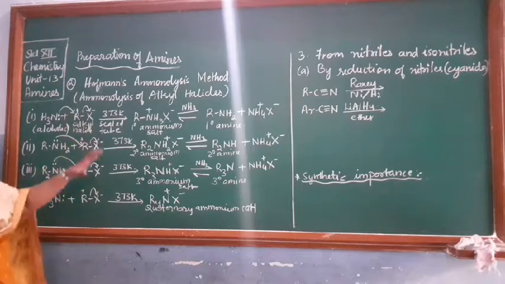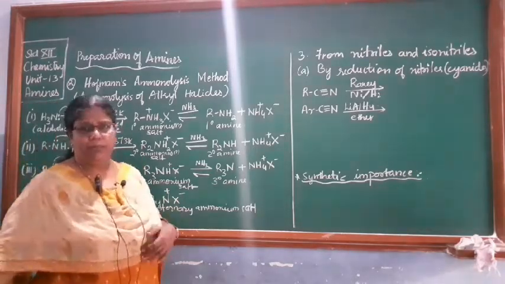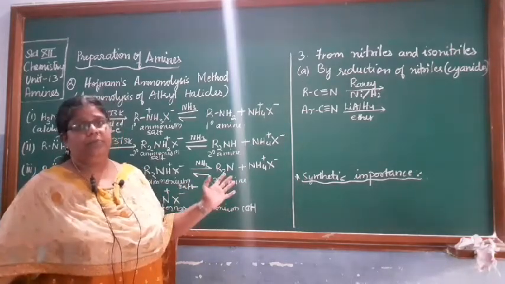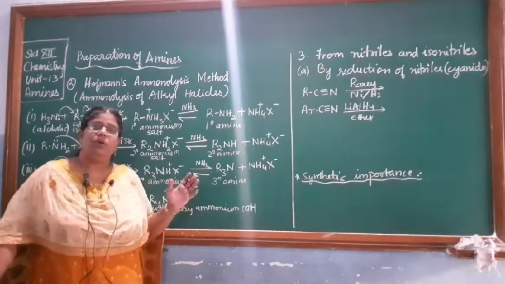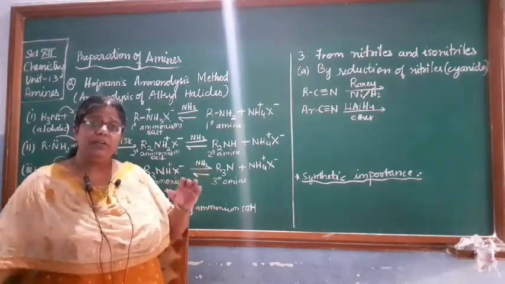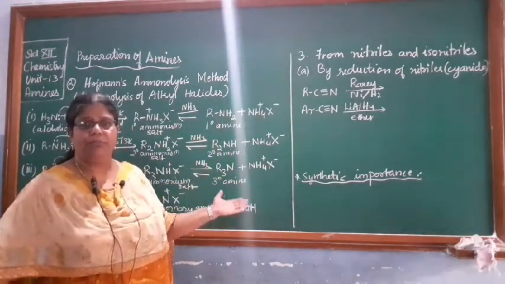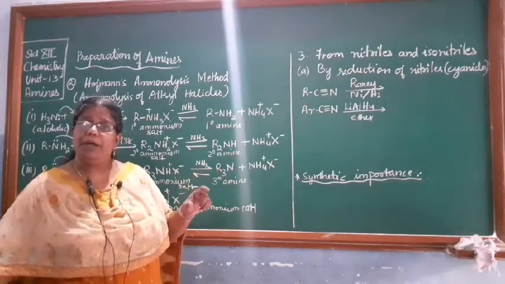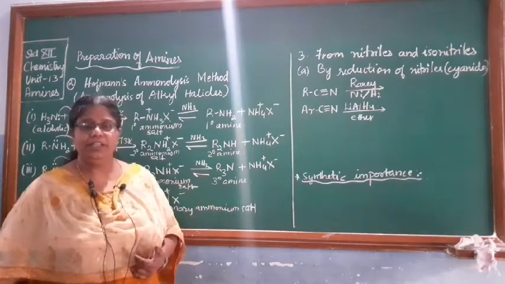Since there is a mixture of primary, secondary, tertiary amines and quaternary ammonium salts, this particular reaction is not used in the laboratory, because in the laboratory the method of separation of all these amines is difficult. है ना, all three types of amines are being formed, primary, secondary and tertiary. तो ये तीनों types of amines cannot be separated. उनका जो separation है, that is not an easy method.